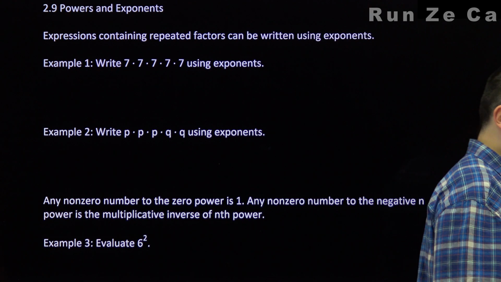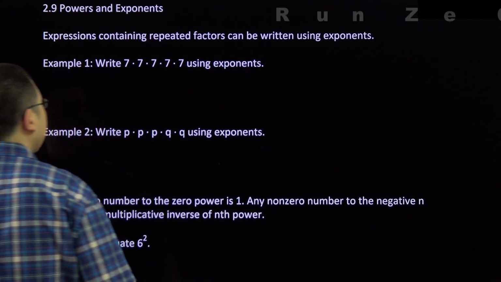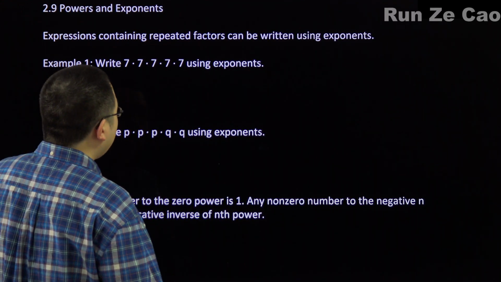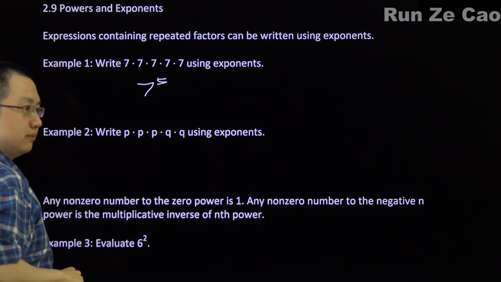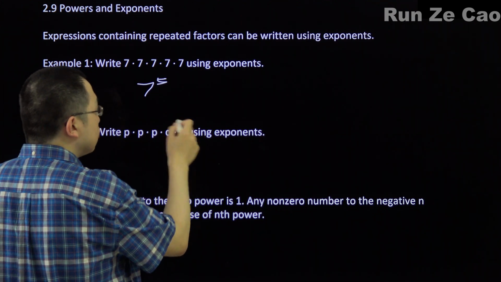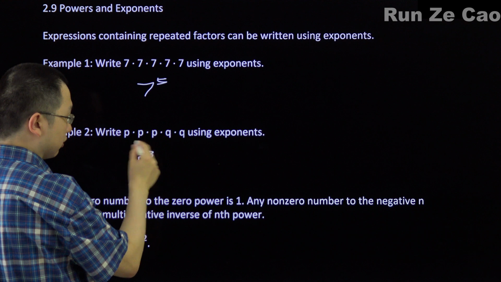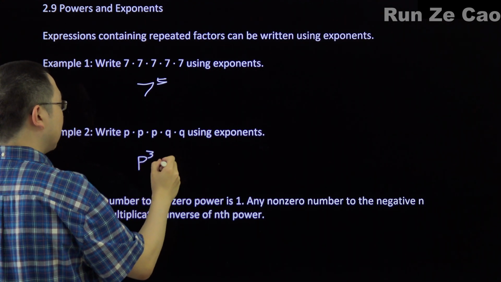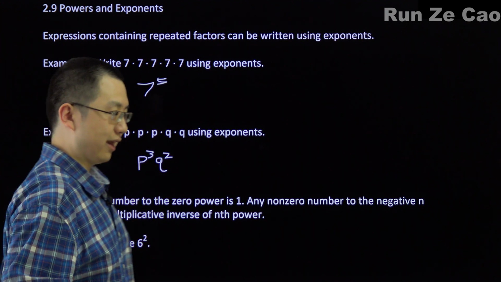If you have a bunch of repeated factors, you can write them using exponents, such as 5 sevens multiplied together is 7 to the 5th power. And if you have 3 p's and 2 q's multiplied together, that's p to the 3rd power. It shows up 3 times multiplied together. And q to the 2nd power, because there are 2 q's multiplied in.